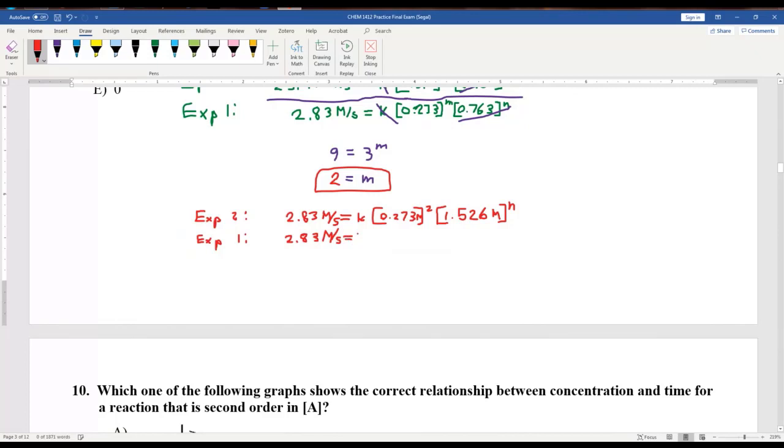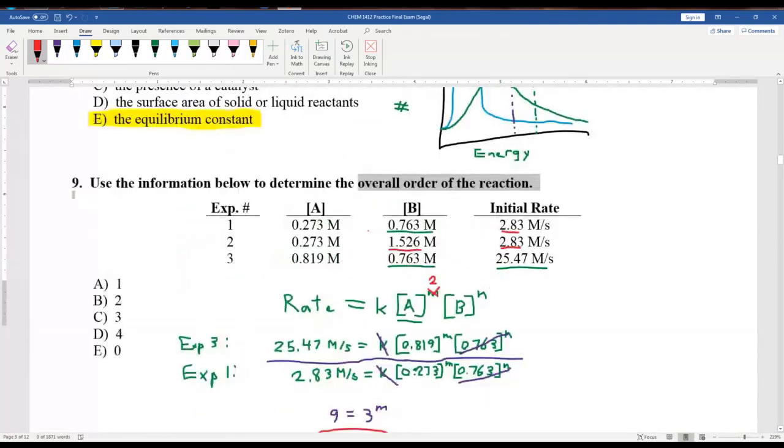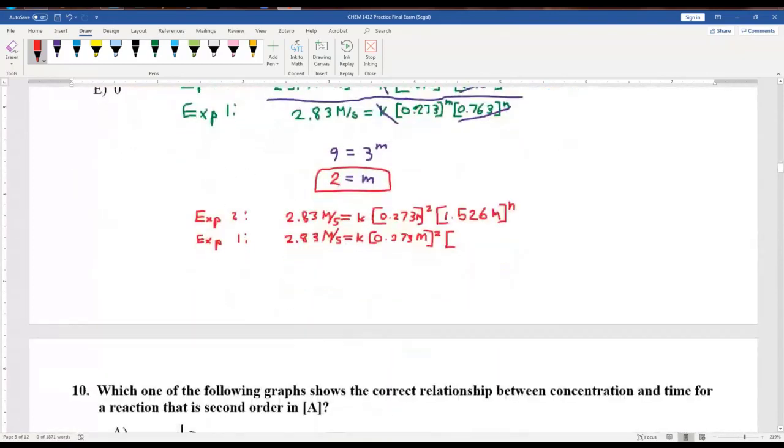And that's equal to K times 0.273 molarity squared times the concentration of B, which for trial 1 is 0.763 molarity.